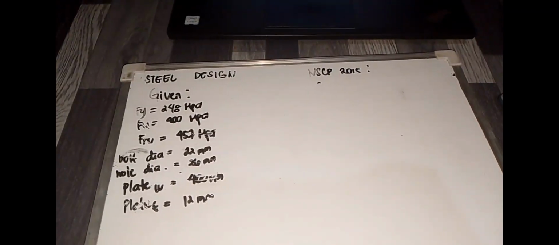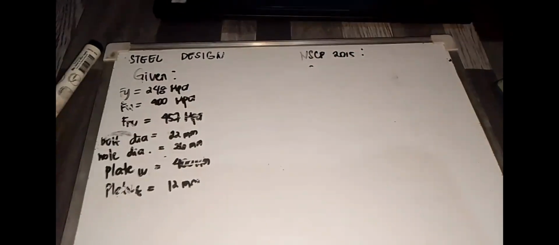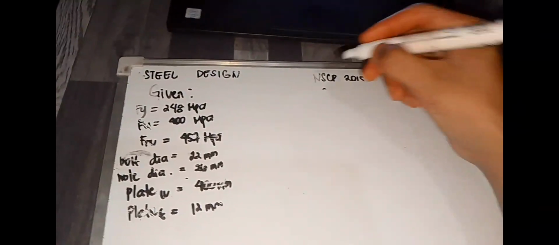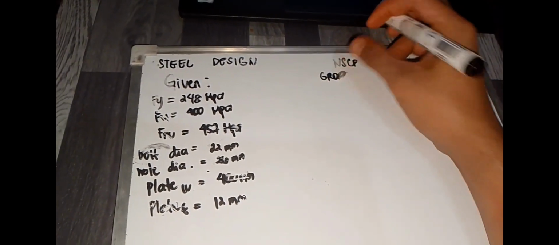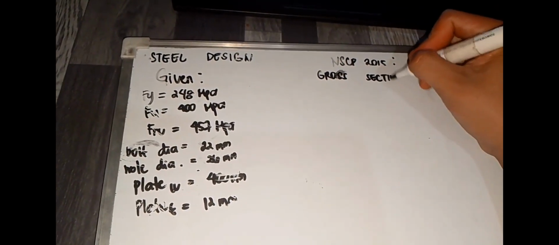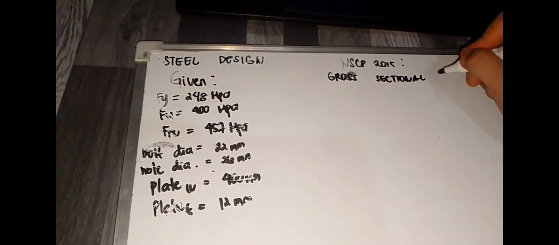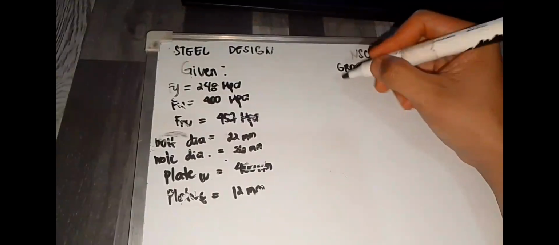The problem says to use NSCP 2015. First we must find the gross sectional yielding.